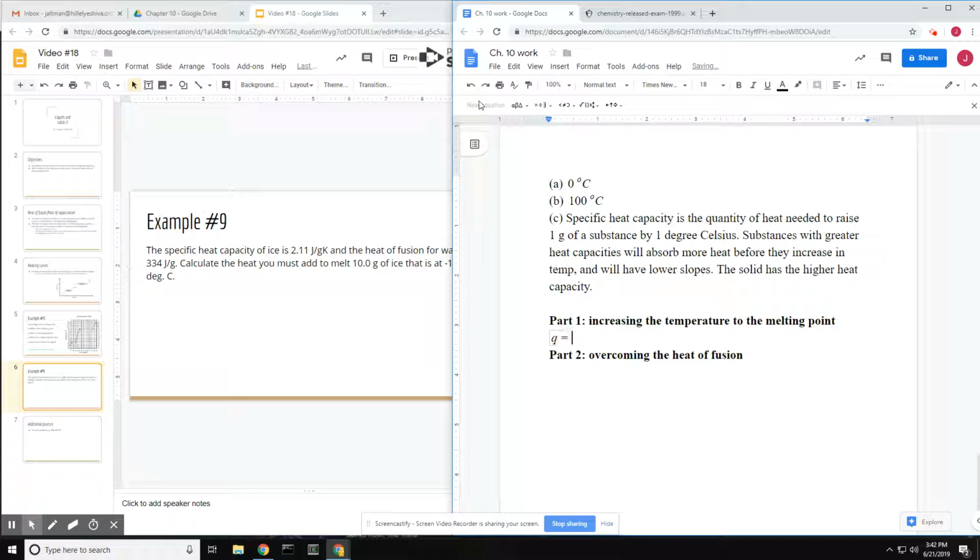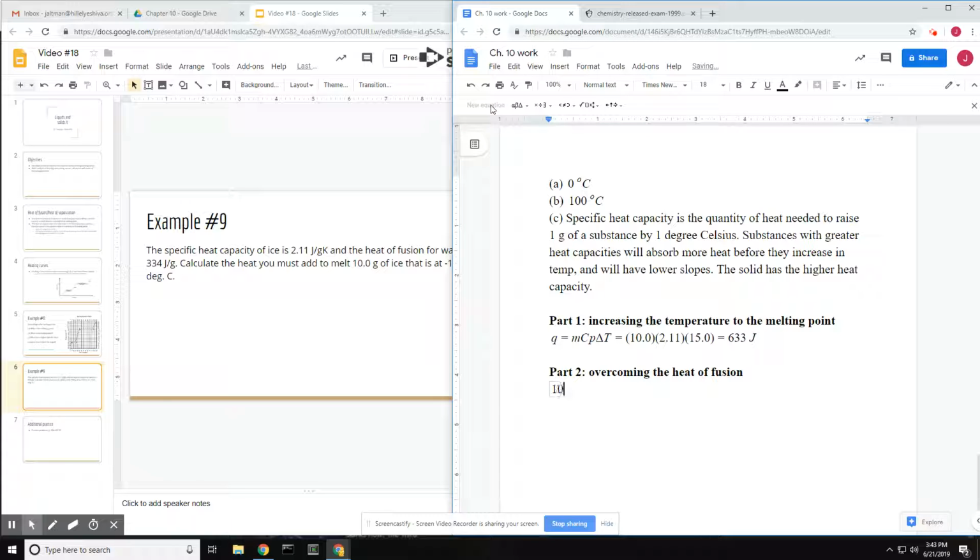To determine that, I've got Q = mCpΔT. It is 10 grams of ice. Specific heat capacity was given in the problem. And my overall difference in temperature is 15 degrees Celsius. I'm not really too worried about sign right now. So I've got 633 joules. But then I also have to consider the heat of fusion.